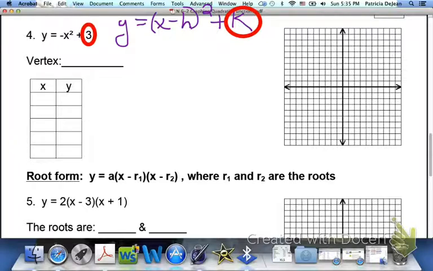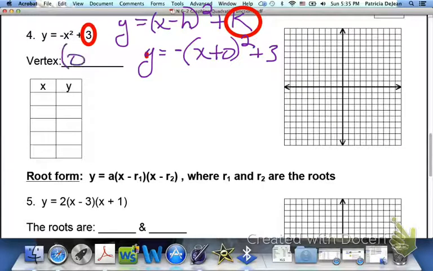So let's rewrite it. y equals, whoops, we want the negative outside because we don't have a negative x. Negative x plus 0 squared plus 3. So now, reading our vertex, it is 0, 3.